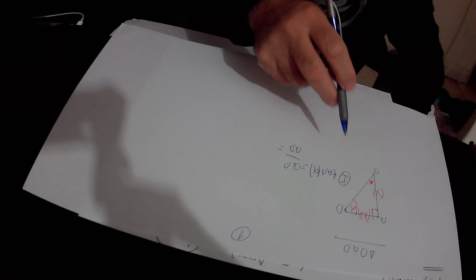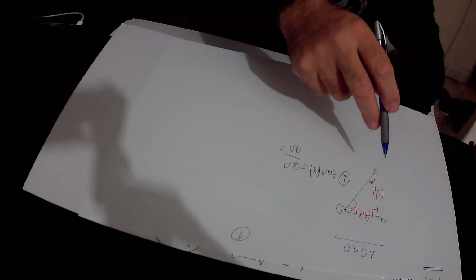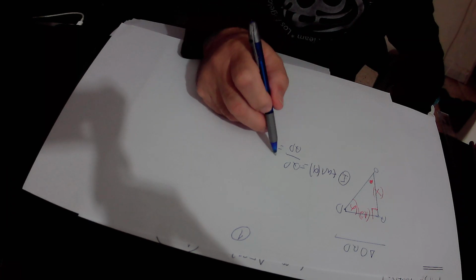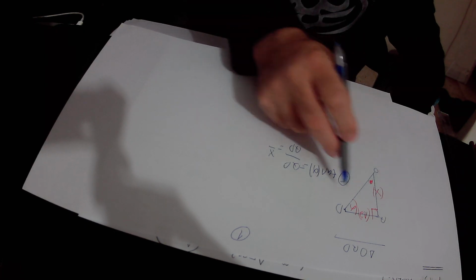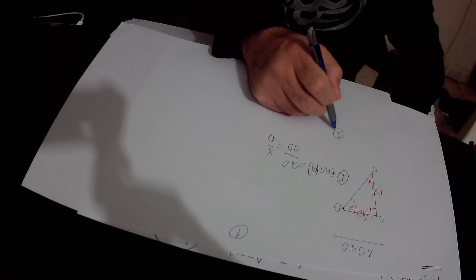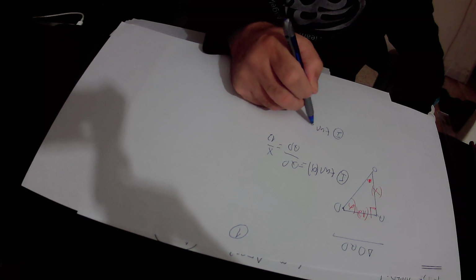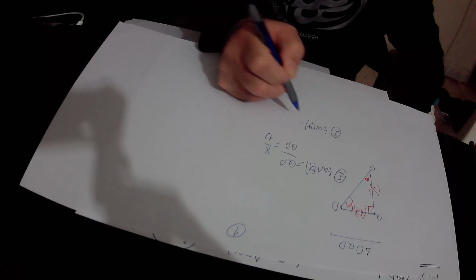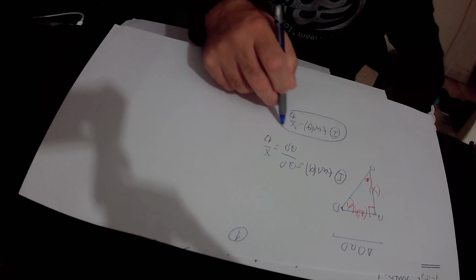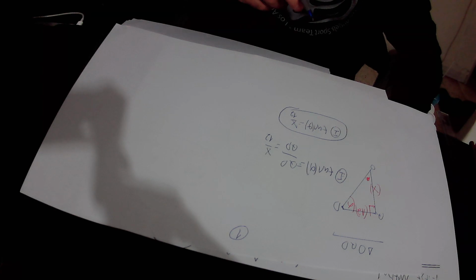Again, tangent alpha equals QO over QD. QO is X and QD is 12. So in conclusion, we found out that tangent alpha equals X over 12. Okay, tangent alpha equals X over 12.